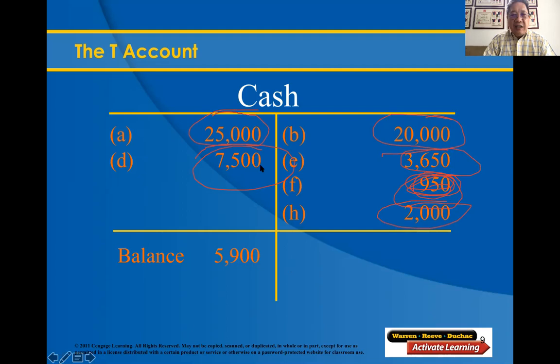And this minus this is equals to the balance of the account. Okay. You all follow? So ito yung nangyari noong November sa cash pa lamang ni Net Solutions. Okay, let me erase this.